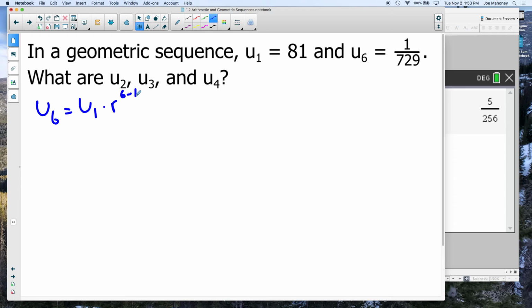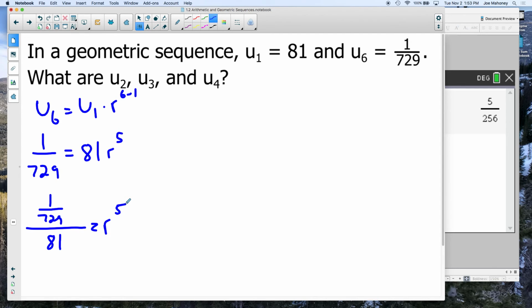So that means that 1 over 729 is going to be equal to 81r to the fifth. If I solve for r in this case, I'll first divide both sides by 81, and I'm going to leave it like this: 1 over 729 divided by 81 equals r to the fifth. Then I have to take the fifth root of both sides. So my value of r is going to be the fifth root of the fraction 1/729 divided by 81.